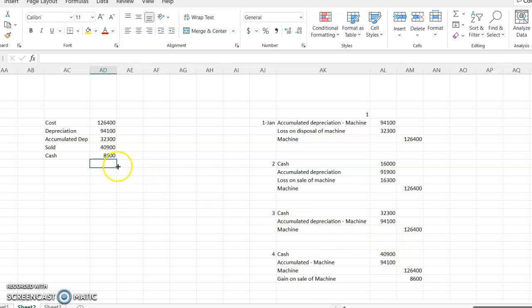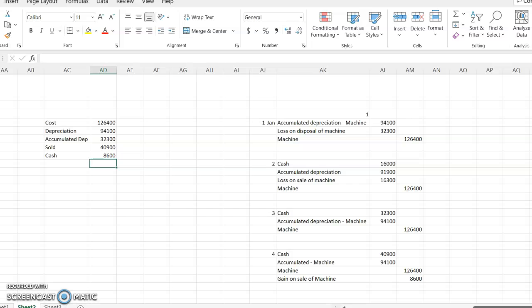So we know that the cash was $40,900 because that's what it was sold for. The accumulated depreciation was the same. The machine is the same as normal, $126,400. And then we have a gain on our sale for $8,600. So that's how we do it.